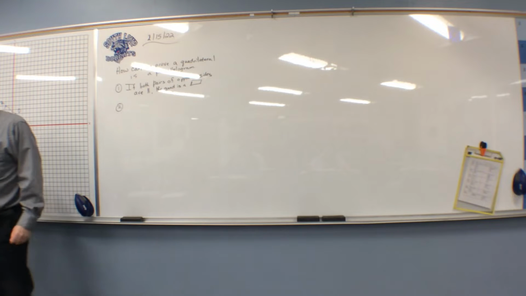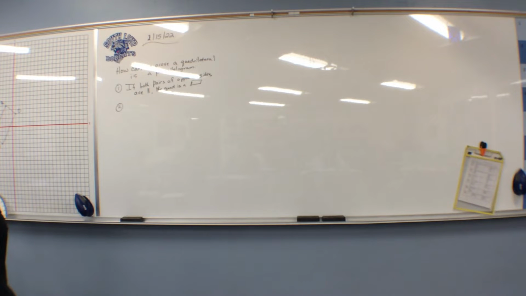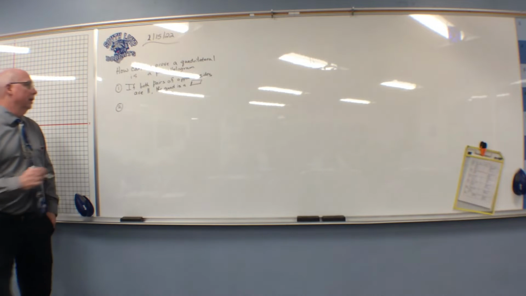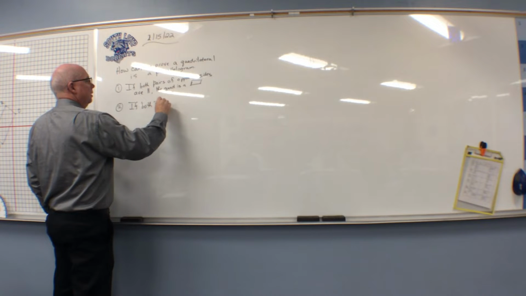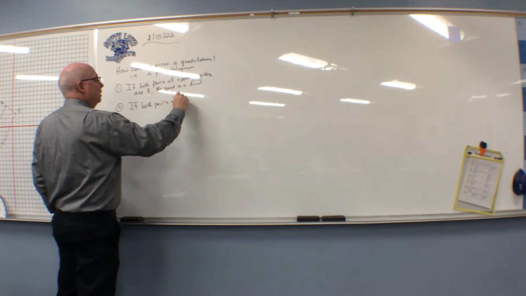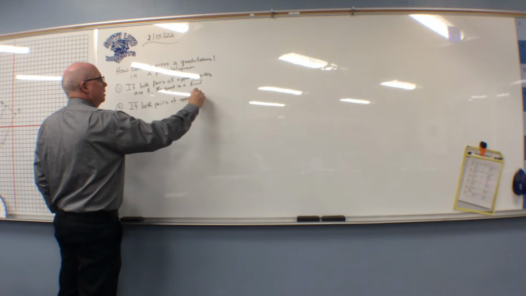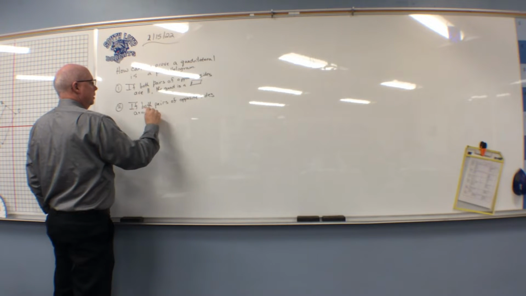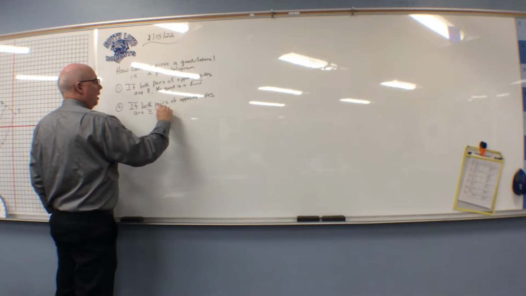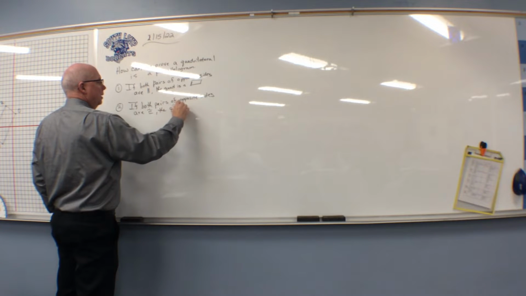All right. So the next one is 6.9. It says if both pairs of opposite sides are congruent, the quad is a parallelogram.